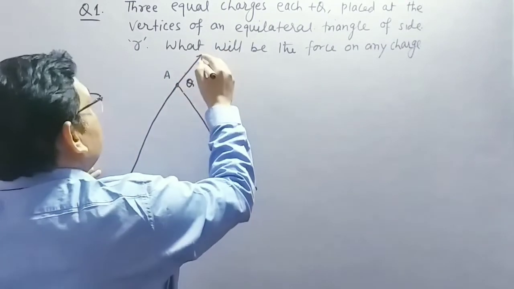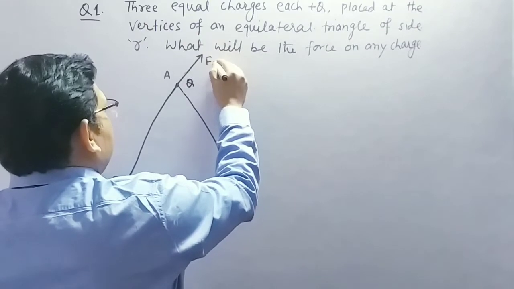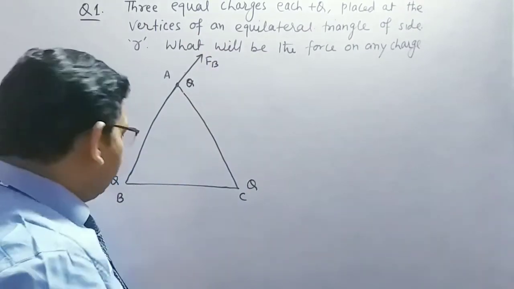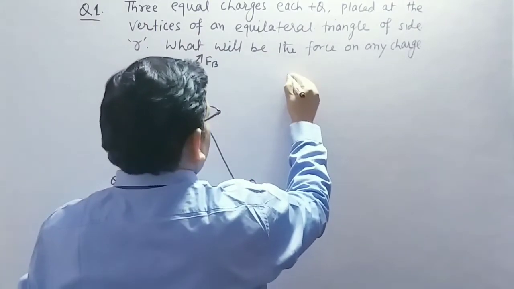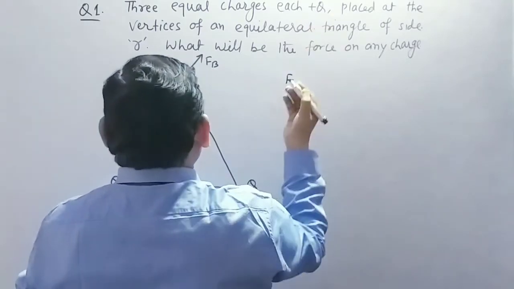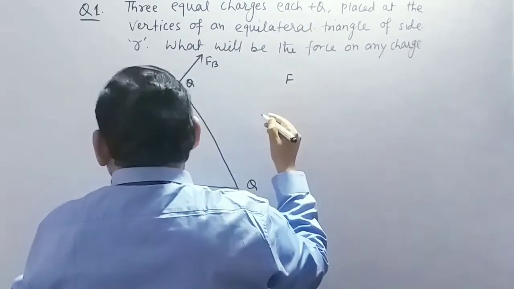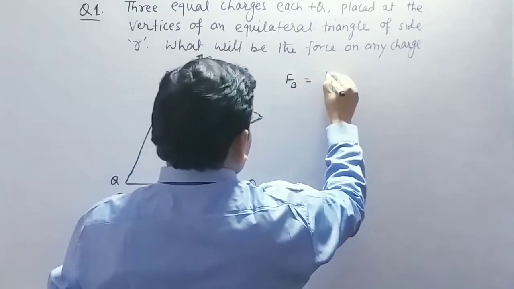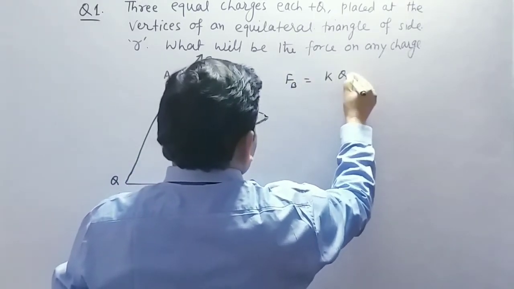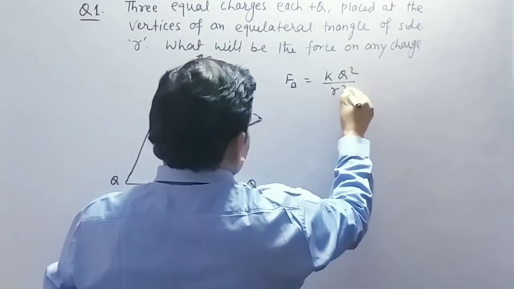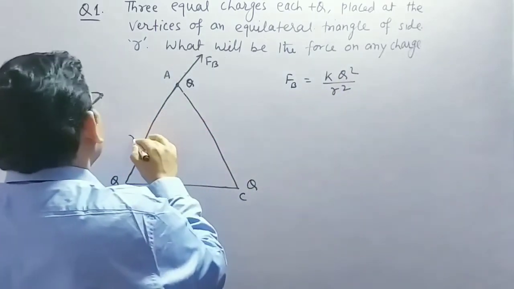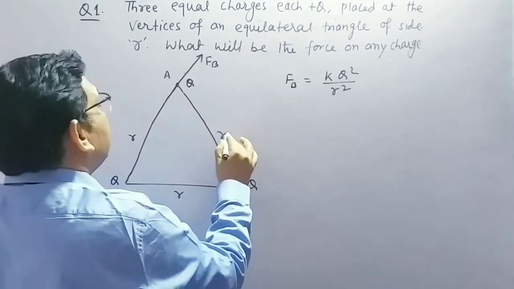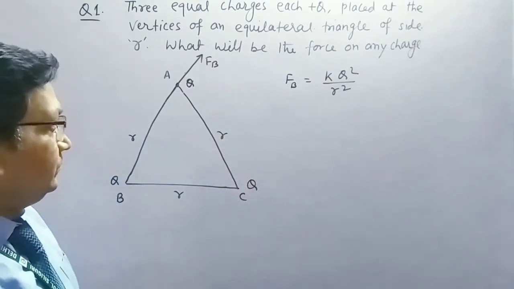Give the name of this force, force due to B. This force acting on charge A due to charge Q at B is given by, all of you know this formula, K Q square by R square, where R is the distance because the triangle is an equilateral triangle.